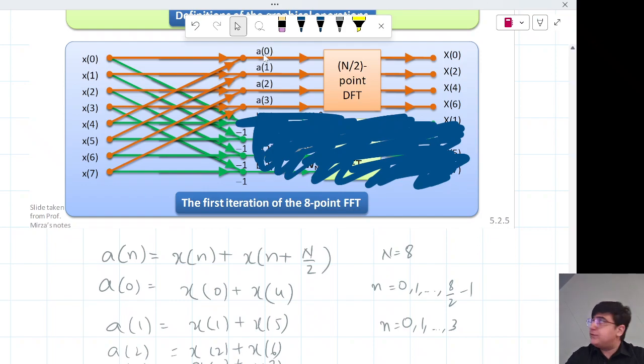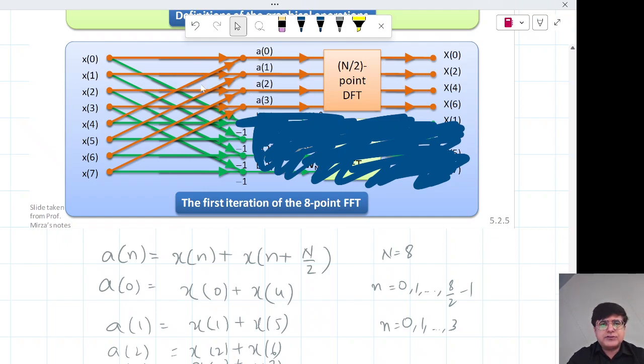So let's see if that is indeed the case. Here you have a of 0. A of 0 by definition should be x of 0 plus x of 4. So this is x of 0 and this is x of 4. A of 1 is just x of 1 plus x of 5. This is x of 1 and this is x of 5. A of 2 is just x of 2 plus x of 6.